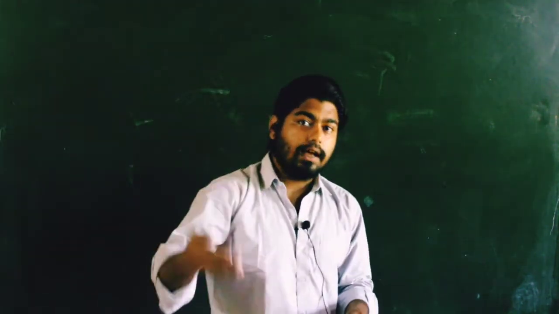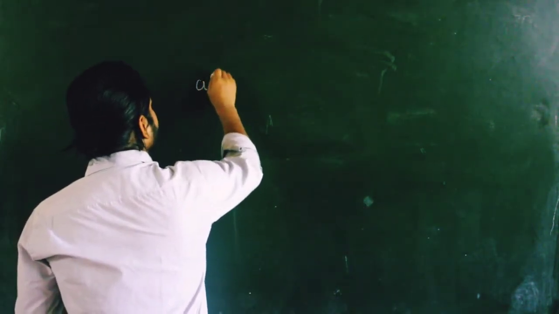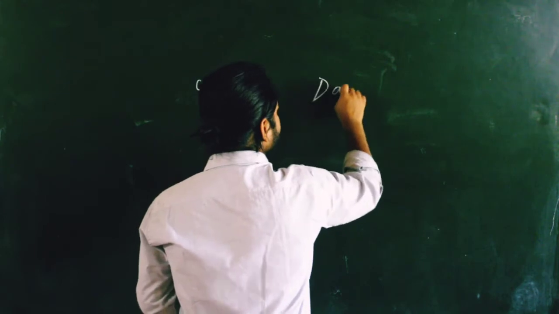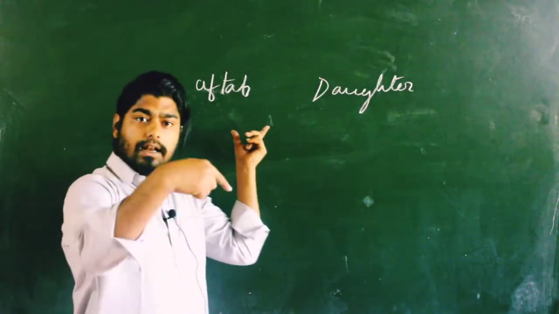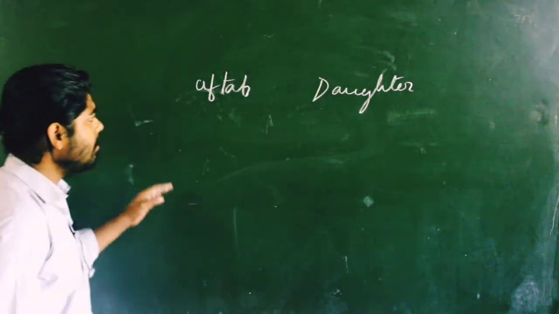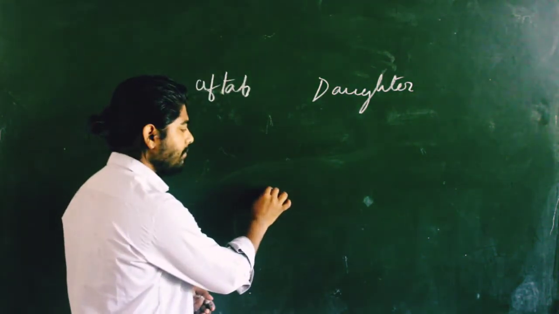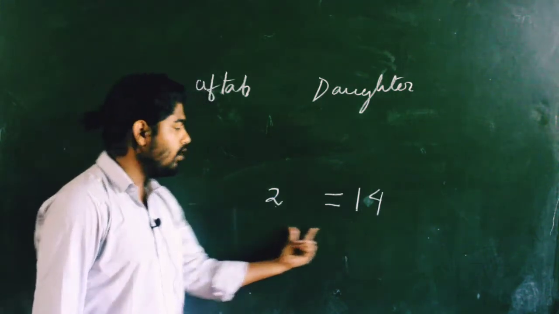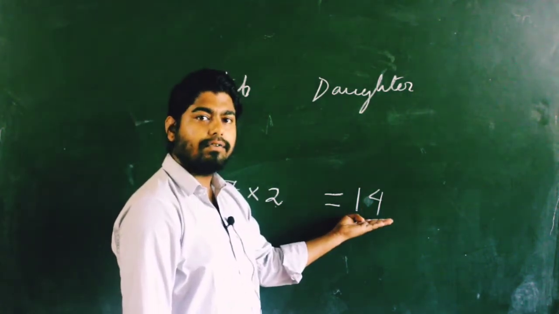7 years ago I was 7 times as old as you were then. That means Aftab and his daughter, these two variables we have. 7 years ago this fellow was 7 times as old as his daughter. Suppose, if I explain, you have 2 and 14. This is the big number, so you have to multiply something here to make it equal. Say this is the father and this is the daughter.